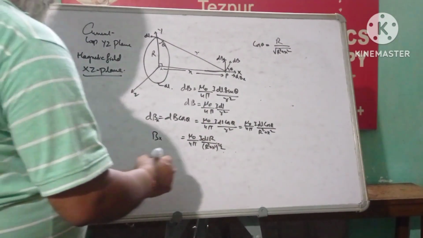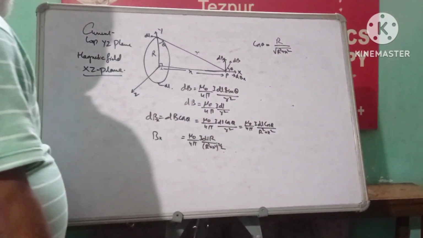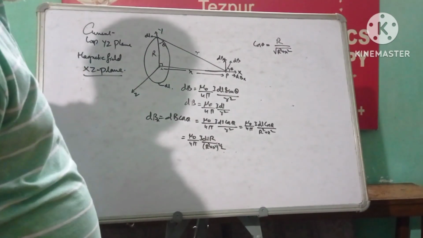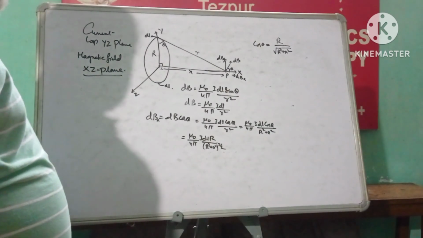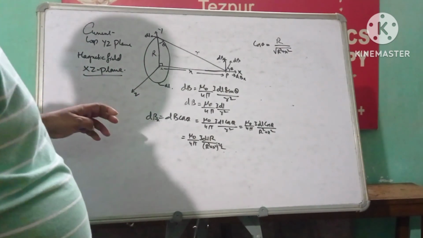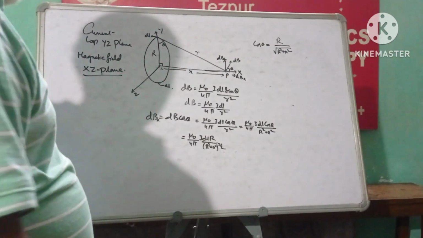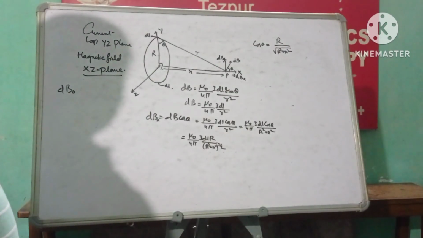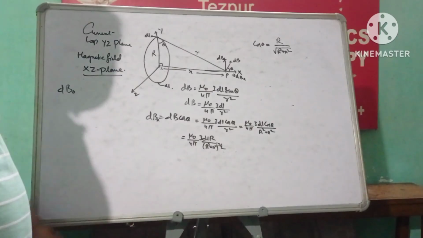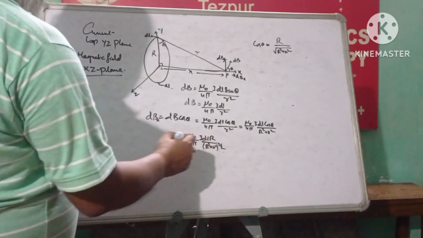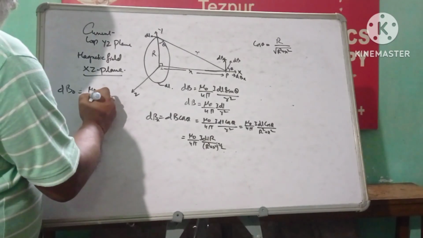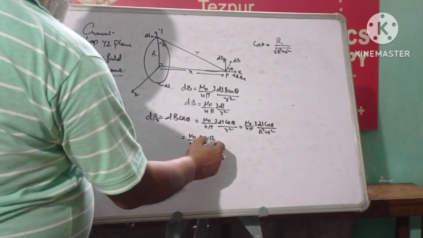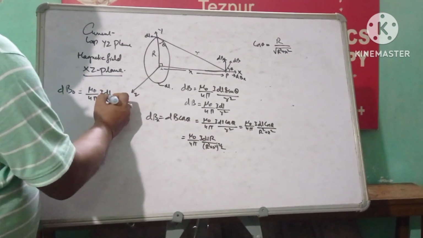Now, if you want the magnetic field at the center, your x will be 0, so x square cancels out, and this will be equal to mu naught by 4 pi, I dl, by r square to the power 3 by 2, that is r cubed.